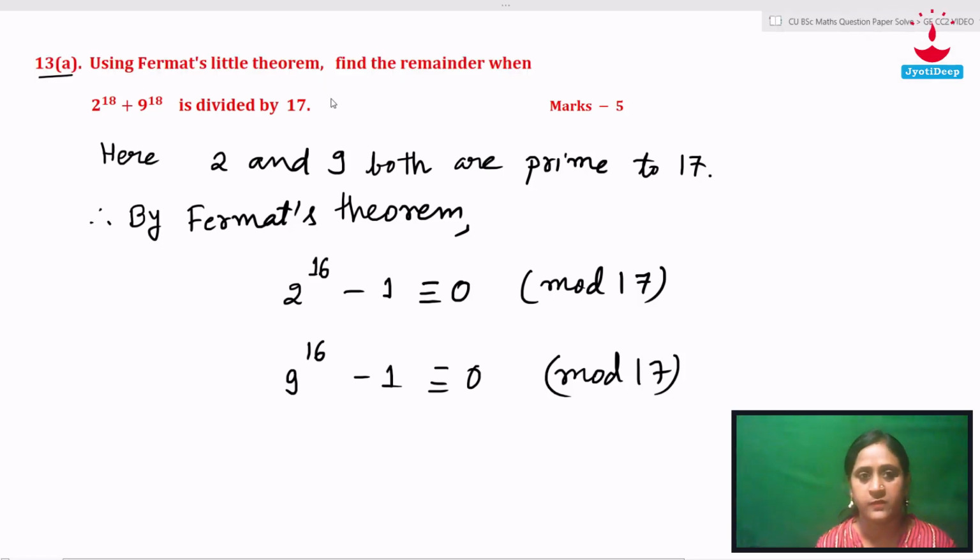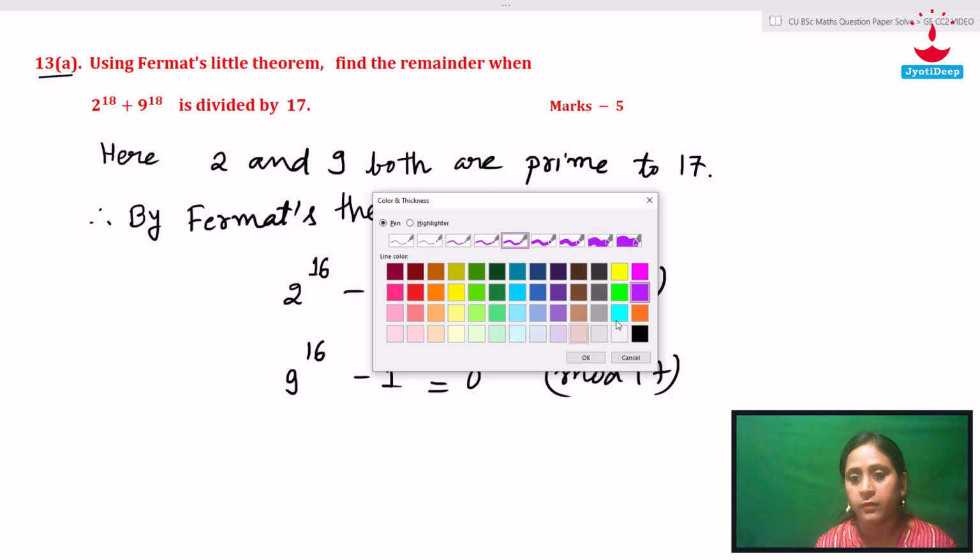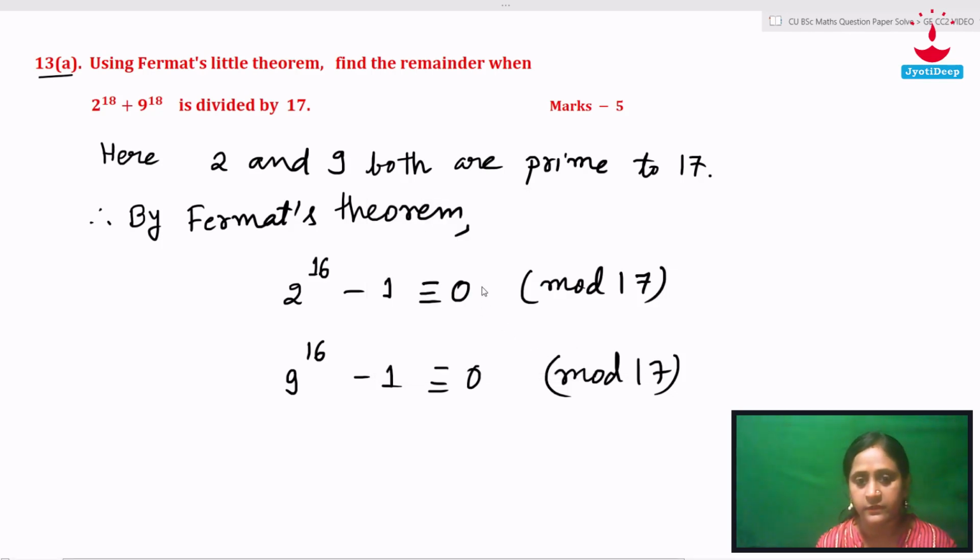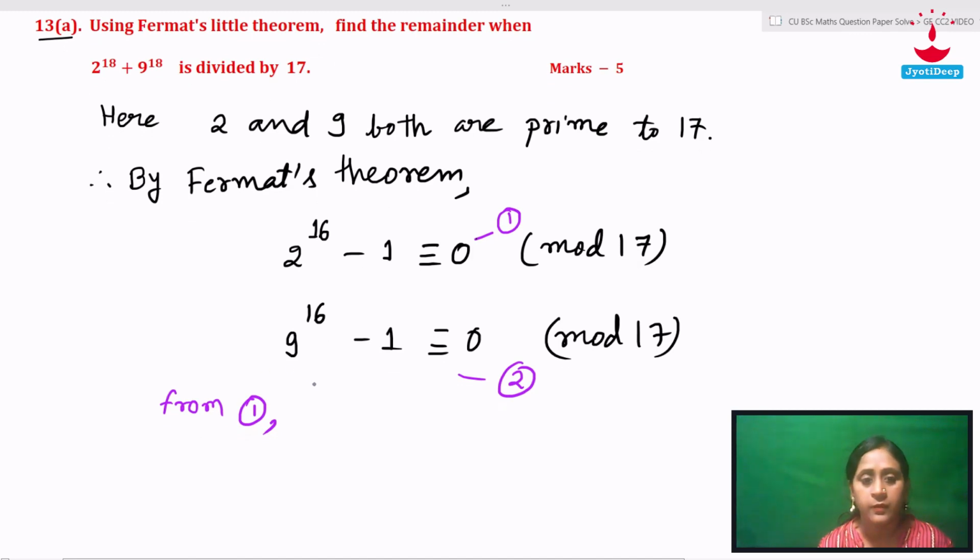Now I am calling this equation number 1 and this equation number 2. Okay, so from 1, 2 to the power 16 is congruent to 1 under mod 17.